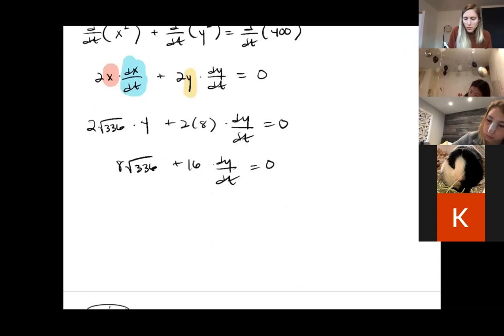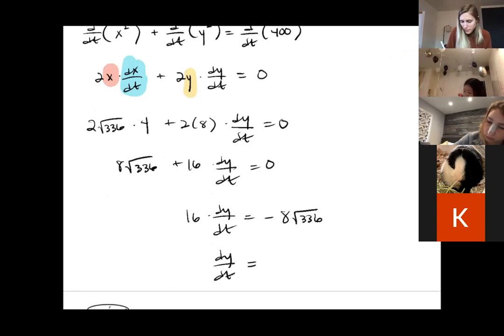So then to finish solving for dy over dt, oh, no, over 2, not 8, over 2. Okay.